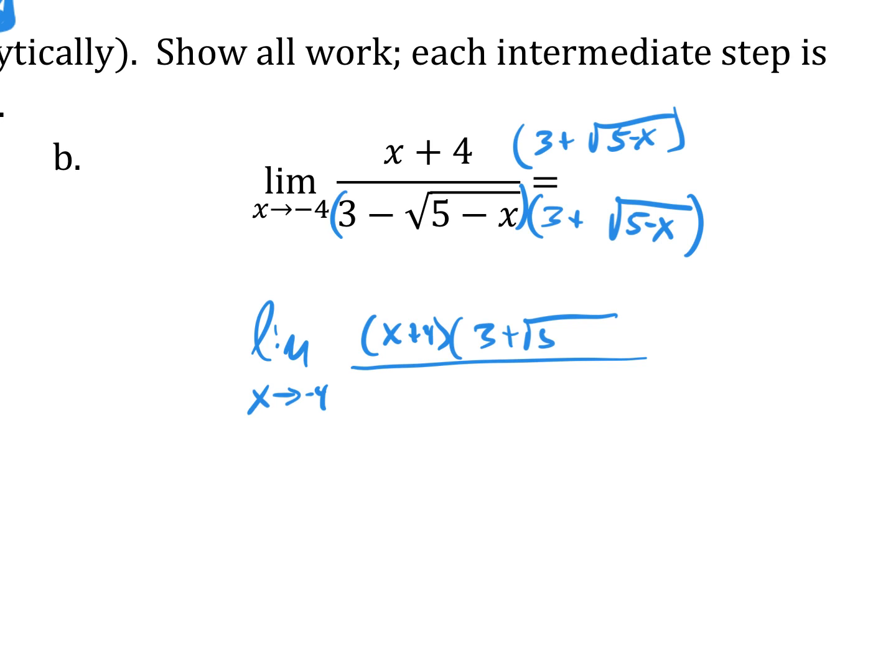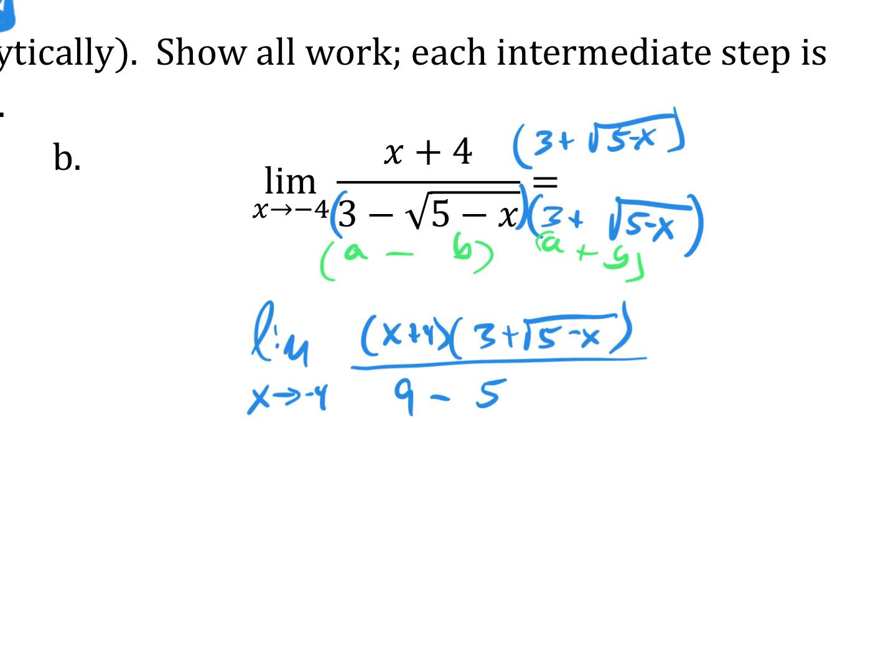We're hoping that works. So the bottom is an a minus b and an a plus b. Do you remember what a minus b times a plus b is? It's the first thing squared minus the second thing squared. First thing squared is 9, and the second thing squared is this square root that's squared.